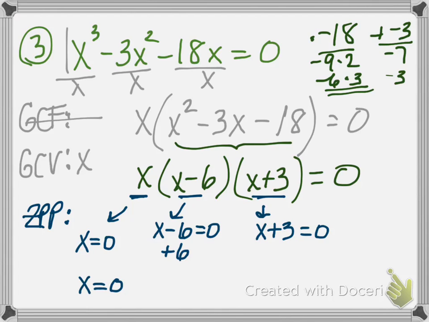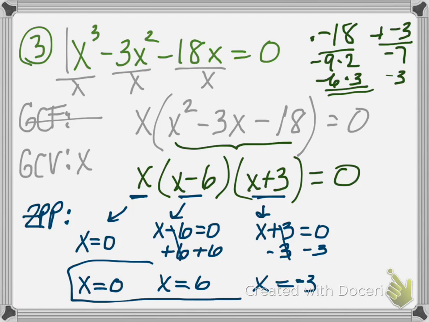Here I actually have to solve, so I add 6 to both sides, so x could also equal 6. Or here I have to solve by subtracting 3, x could equal negative 3. So this solution actually has 3 possible answers. x could equal 0, 6, or negative 3.